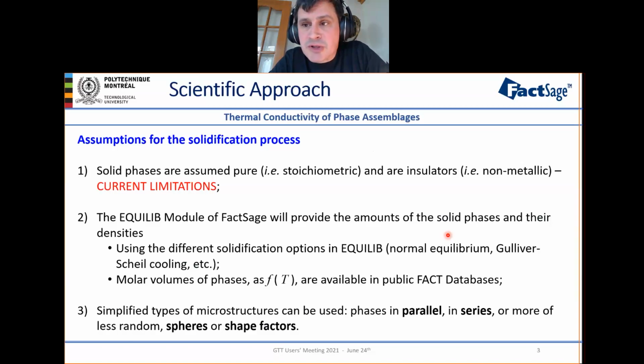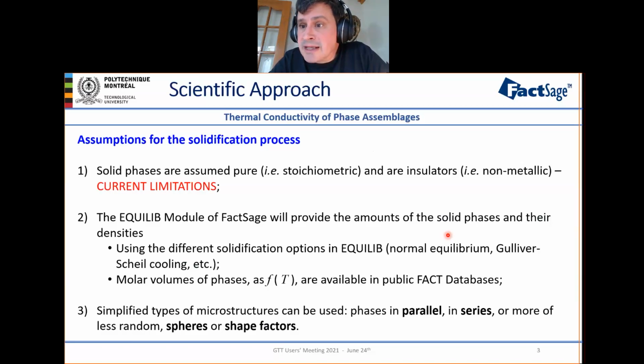But we have to make assumptions here. First of all, we will be working with insulators, non-metallic phases, because the electronic contribution to the thermal conductivity is not yet developed in the model. And we will be working with pure stoichiometric solid phases, no solutions. These are still current limitations of the model.